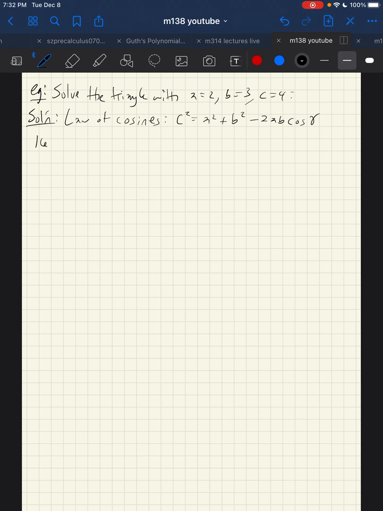When I write that down, I guess I should write 4 squared equals 2 squared plus 3 squared minus 2 times 3 times cosine of gamma. So we're finding gamma here. Let's simplify this. We've got 16 equals 4 plus 9 minus, now this is 4 times 3, so minus 12 cosine gamma. What do I have?